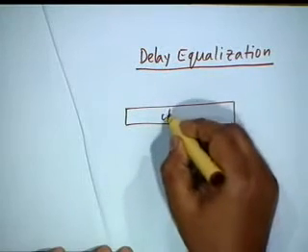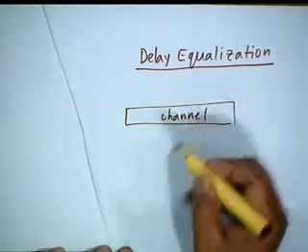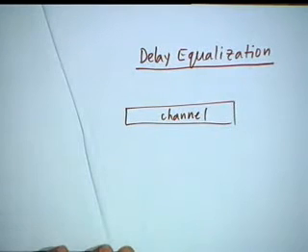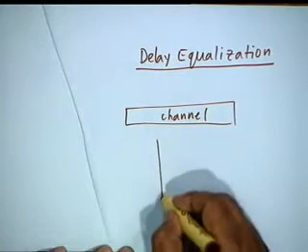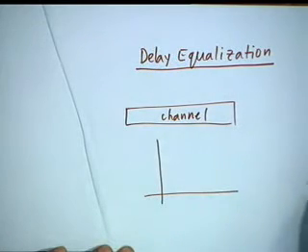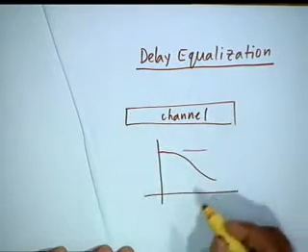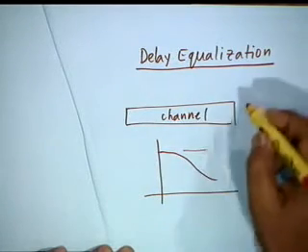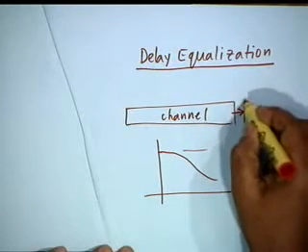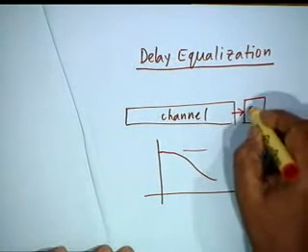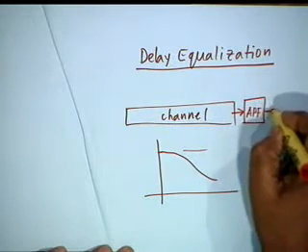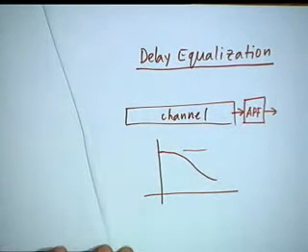So, if we have a channel, for example, a transmission channel which has a dispersive property, in other words, the group delay is not a constant. If the channel group delay, let us say with frequency, falls like this, then at the receiving end we can have an all pass filter, so that the magnitude is not changed.